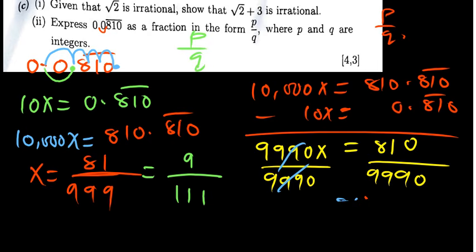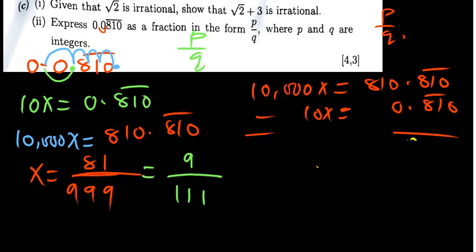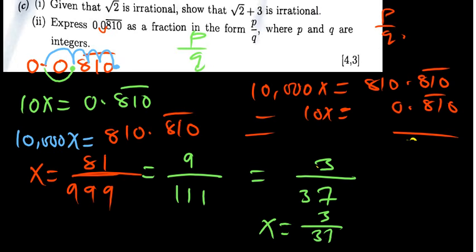Yes, I think there is, and that number is 3. 3 into 9 is 3, and 3 into 111 is 37. There is no number which can go into these 3 and 37. So now it has been expressed in the form p over q, where these are integers and they've got no common factor. 3 over 37, that is my answer.